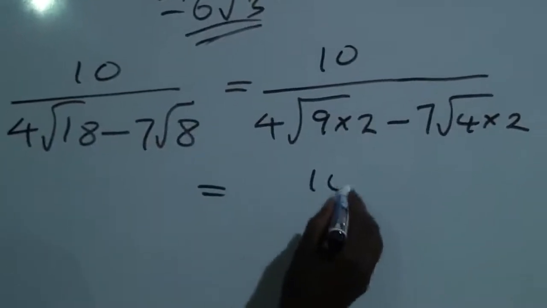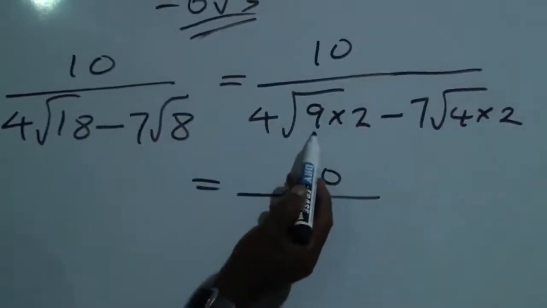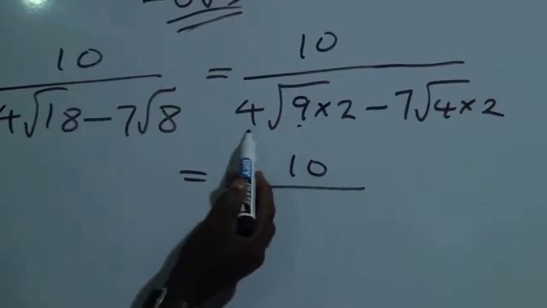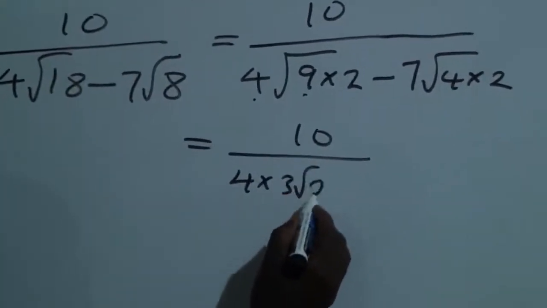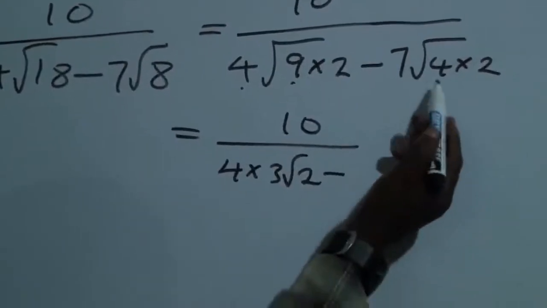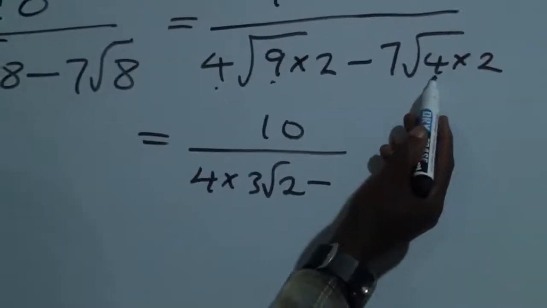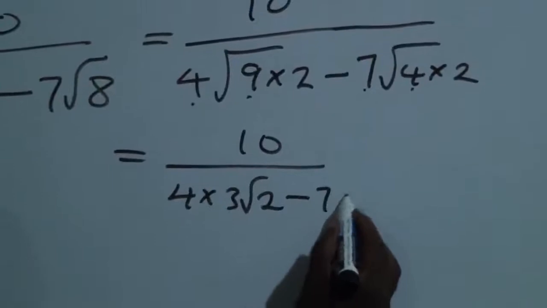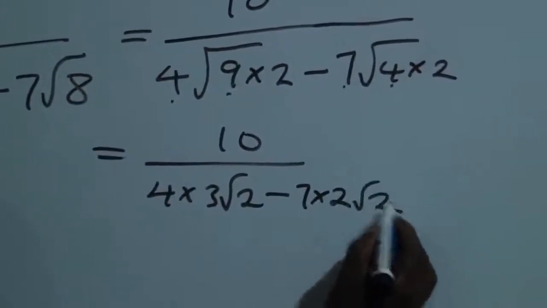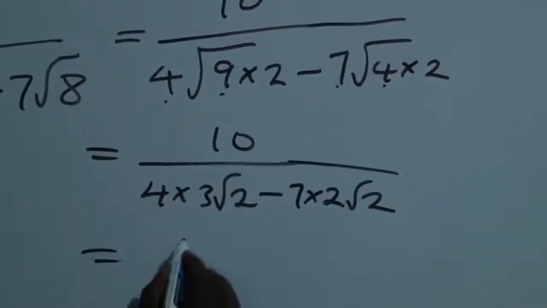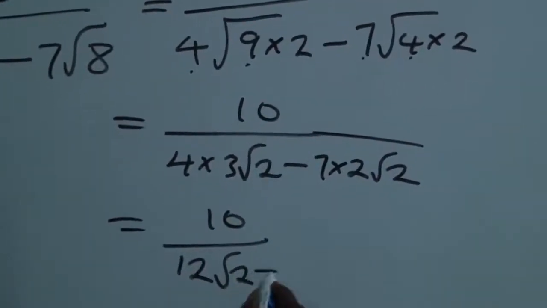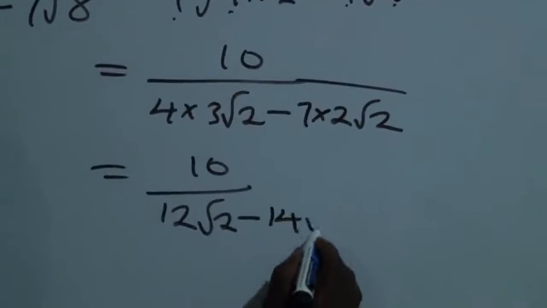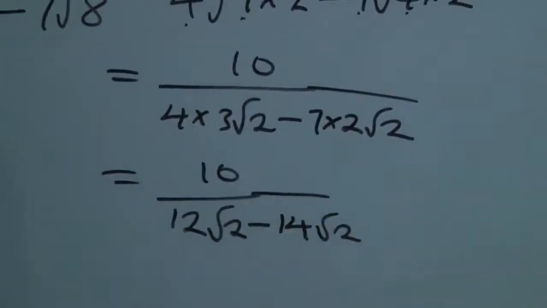The square root of 9 is 3, so the 3 will multiply this 4, that's 4 times 3, then √2. The root of 4 is 2, and the 2 will multiply this 7, and that will be 7 times 2√2. So we'll have 10 all over 12√2 − 14√2.